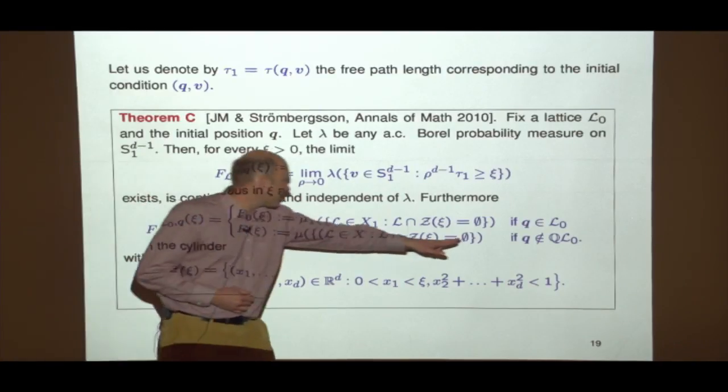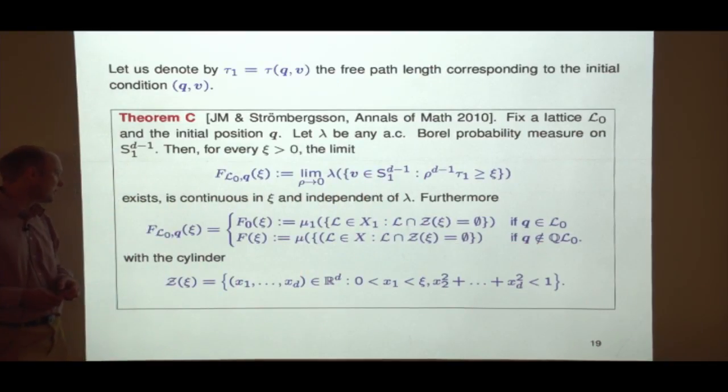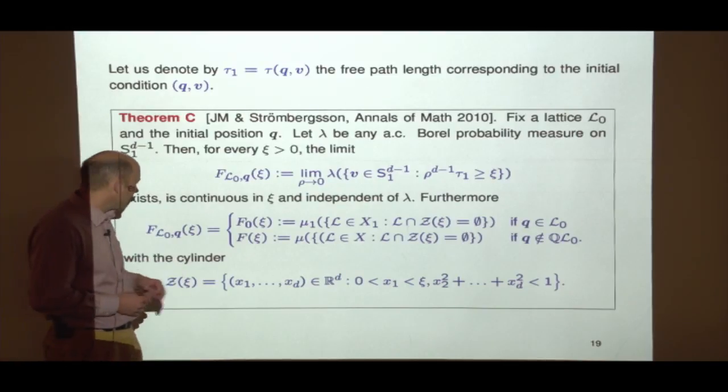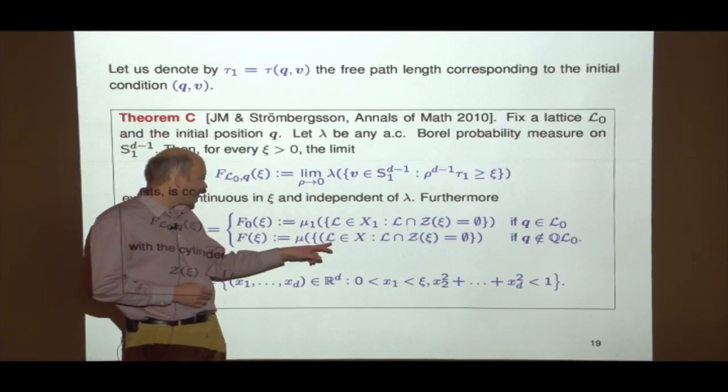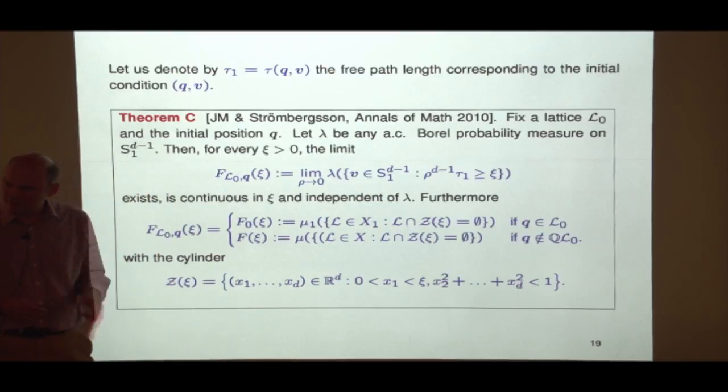If we shoot off from a generic point, and generic means no rational multiple of a lattice point, we get a different distribution, and that's the probability that a random affine lattice doesn't intersect with the same cylinder.